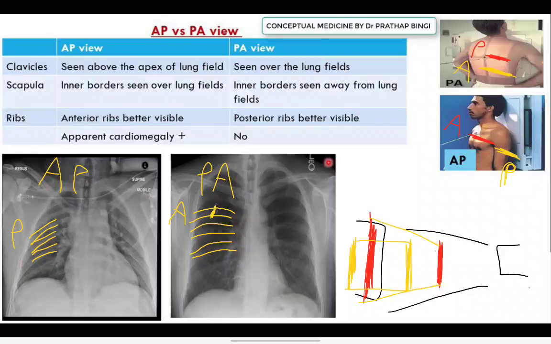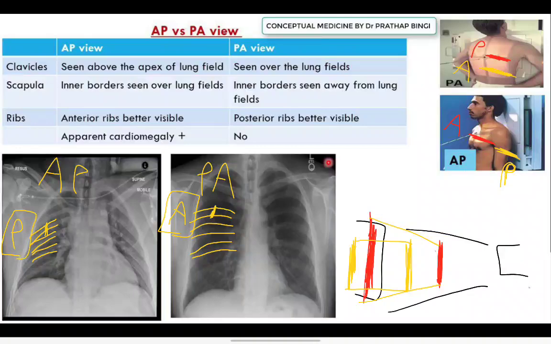When you are reading a posterior anterior chest X-ray, if the fracture is here, then it is a fracture in an anterior rib. If it is an AP radiograph and the fracture is here, it is a posterior rib.